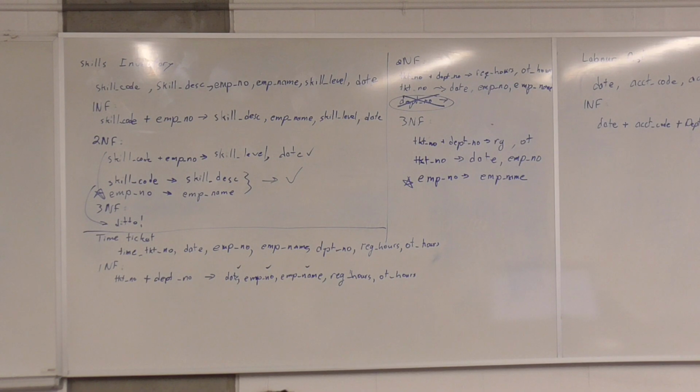So question, does department number vary as account code is held constant? Yes. Does account code vary as department is held constant? Yes. So there's no dependency relationship between these two. All right.